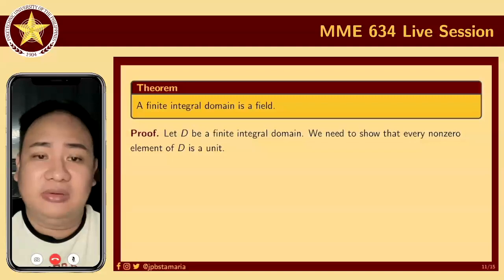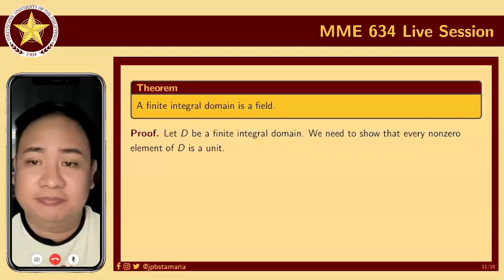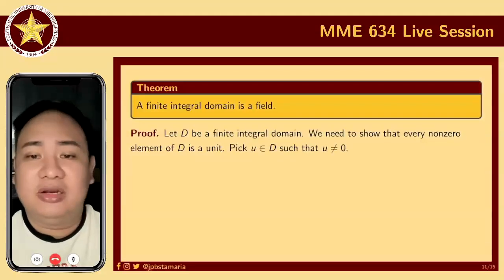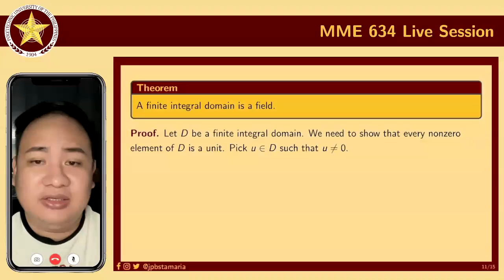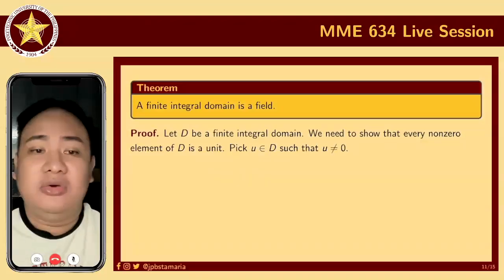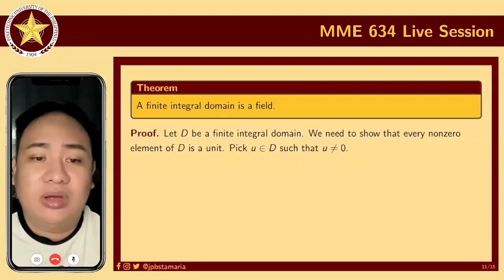That's what we wanted to do really. Okay? So, ganito. We will pick an arbitrary non-zero element of D. Let's say, U. Pumili ka lang na isa. And then, we're going to show that U has a multiplicative inverse.